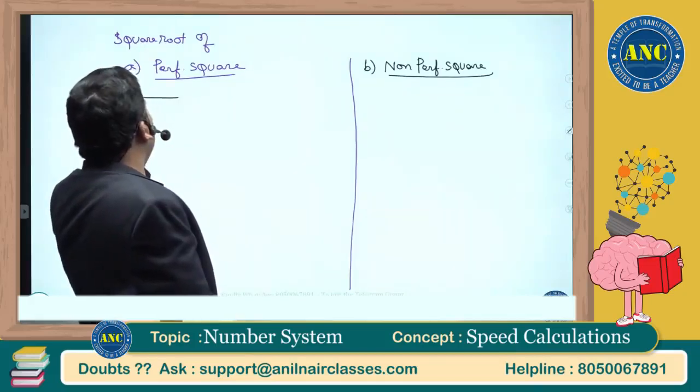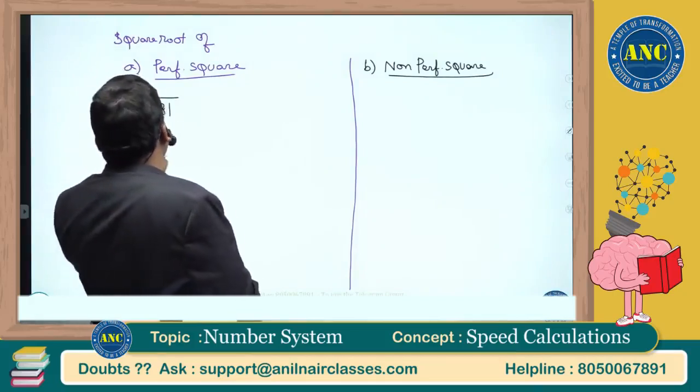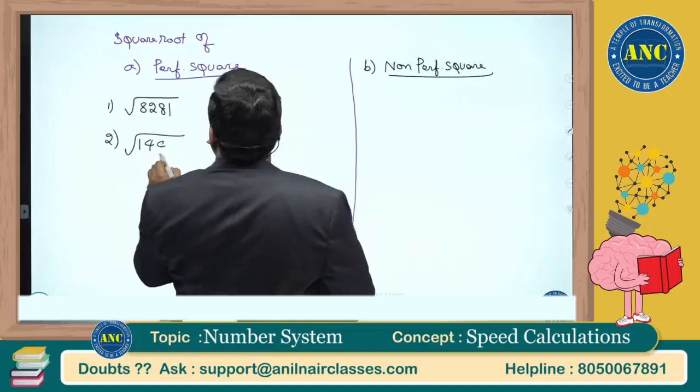Square root of 8281. Second one, square root of 1,444.